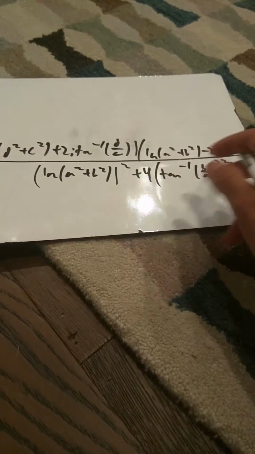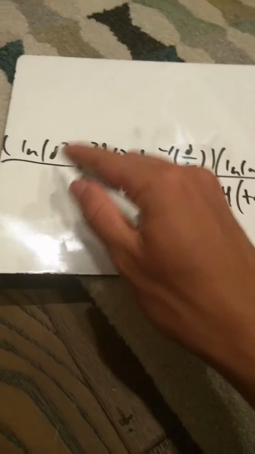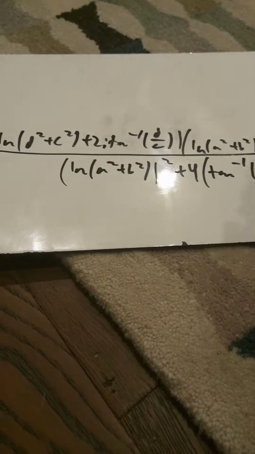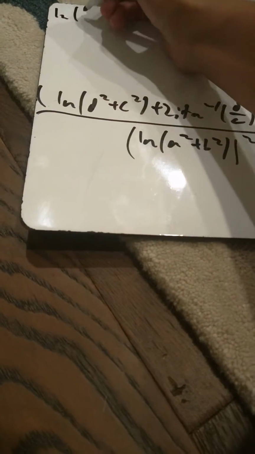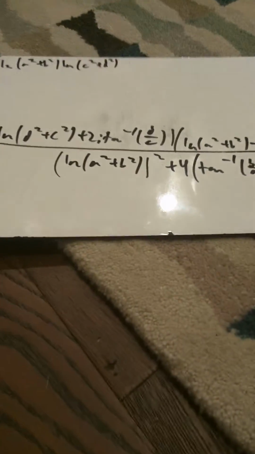So we have multiplication of two complex numbers, so ln of d squared plus c squared times ln of a squared plus b squared. We get natural log of a squared plus b squared times ln of c squared plus d squared. And then we get minus 2i arctangent b over a times ln d squared plus c squared.